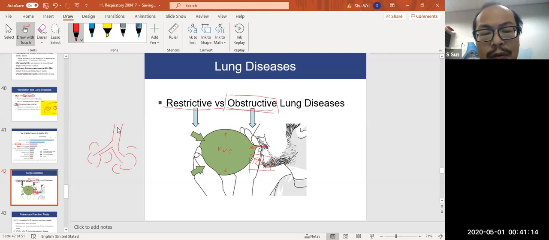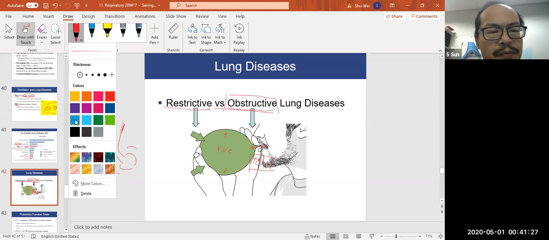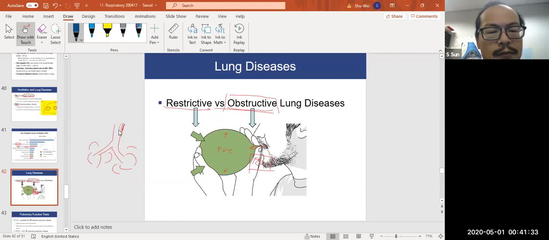So why is the airway affected? Two reasons. One is that in emphysema, this patient will have a lot of mucus. Their endothelium cells will produce a lot of mucus. So mucus accumulates in the airway, and the airway becomes narrow. So the air is difficult to blow in and out.